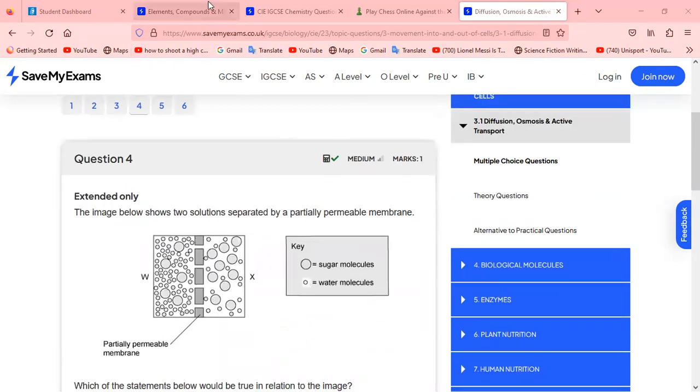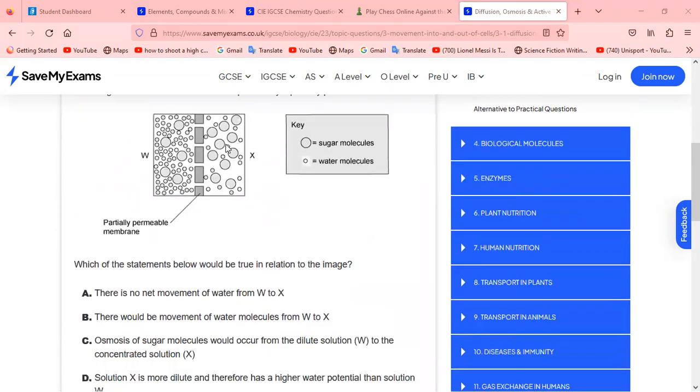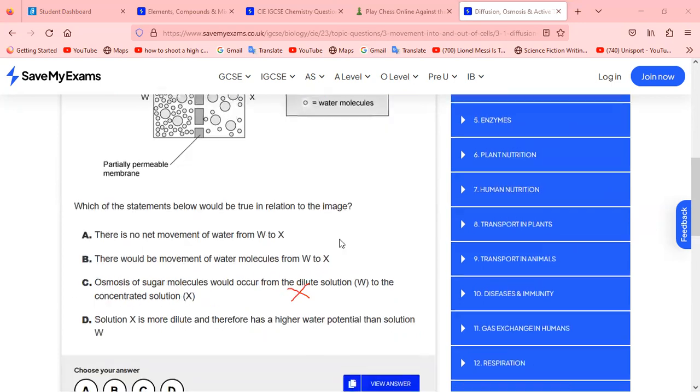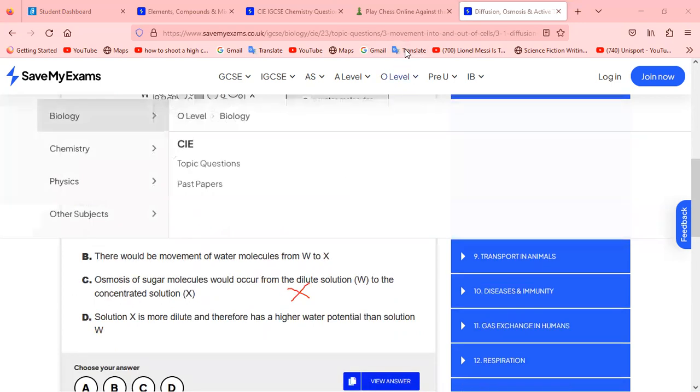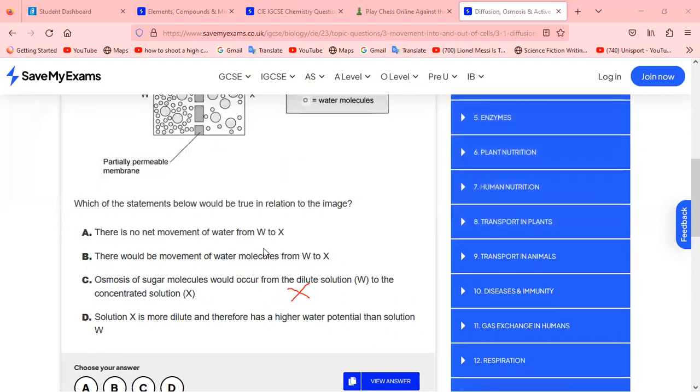The image below shows two solutions separated by a partially permeable membrane. Which of the statements below would be true in relation to the image? There is no net movement of water from W to X. No, yes, there is. There would be movement of water molecules from W to X. Water will move from W to X. Also, let's look at the other ones.